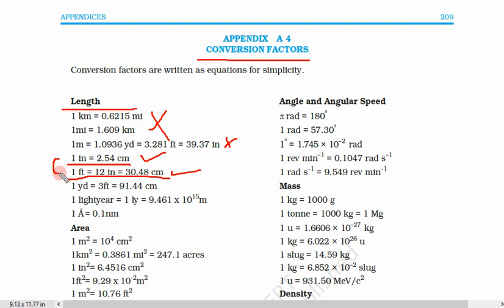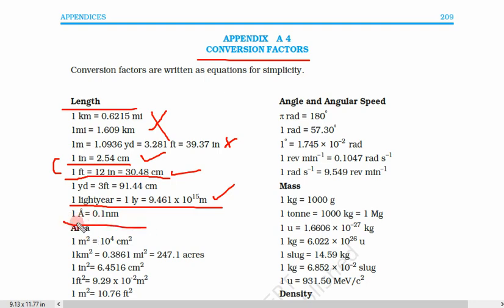These two also, 1 yard is equal to 3 feet, this will also not be used, but 1 light year is equal to 9.46 into 10 to power 15 meter. This is also commonly used in physics.